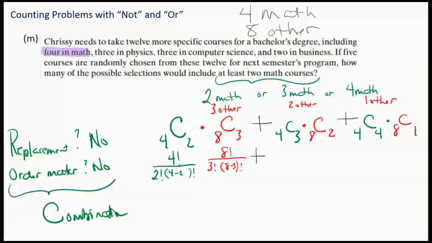And back to green, I have 4 factorial over 3 factorial, and then 4 minus 3 factorial. And then the other classes is 8 factorial over 2 factorial times 8 minus 2 factorial.